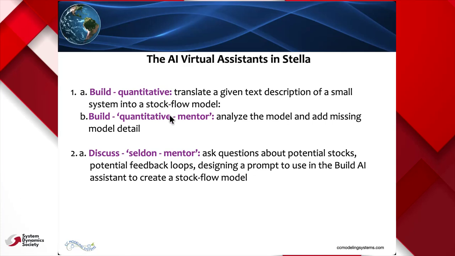And there is the quantitative mentor, which means you can ask the AI questions about your stock flow model, and the software will add to your model or look for mistakes in your model. So that's one way for stocks and flows in Stella or for causal loop diagrams, because Stella also can use AI in causal loop diagrams.